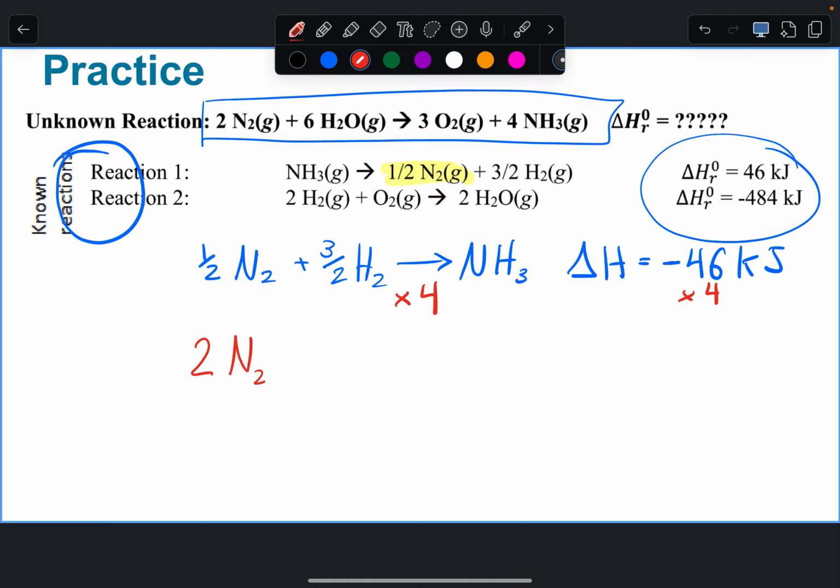Multiply the top number, divide by the bottom number, all good. So 3 times 4, 12, divided by 2 is 6. So 6H2. And then 4 NH3. Okay, my new delta H is 4 times that. 160 plus 24, negative 184 kilojoules.